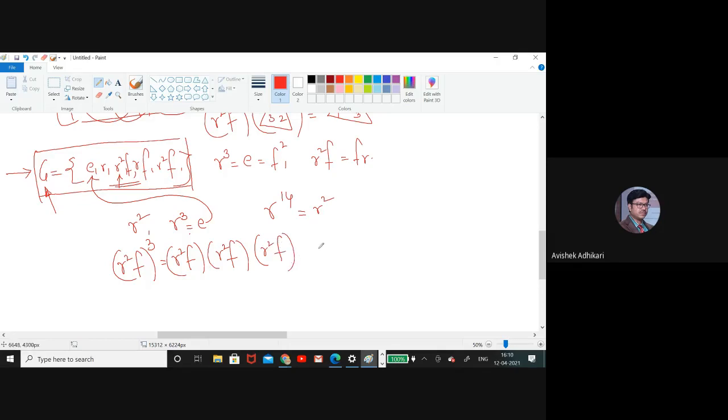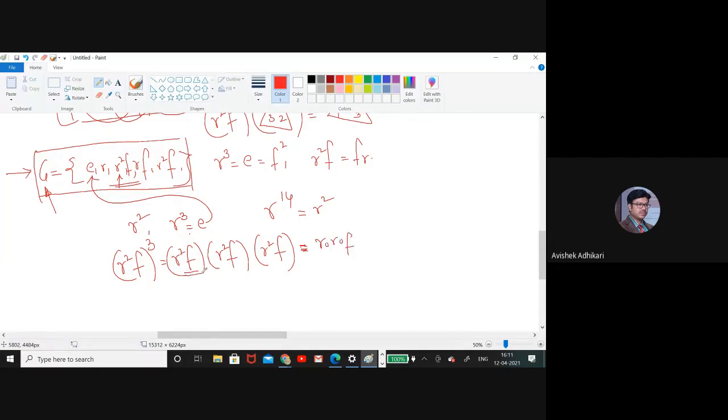Now apply the associative property, or shifting of brackets. If you say it's not yet a group and you are going to prove that it is one, then you can apply it on triangles. All of them are functions, so ultimately you can write it like r composition f.